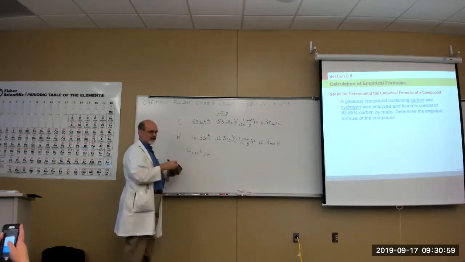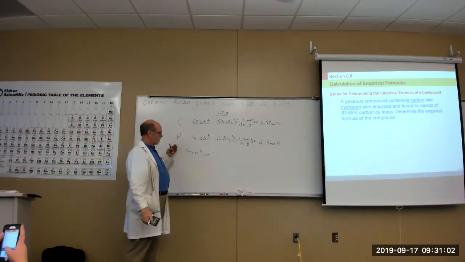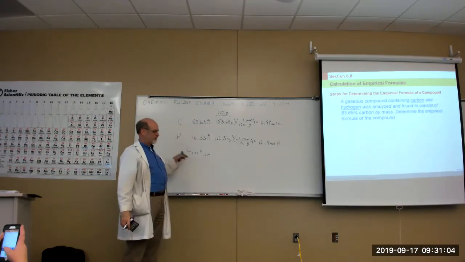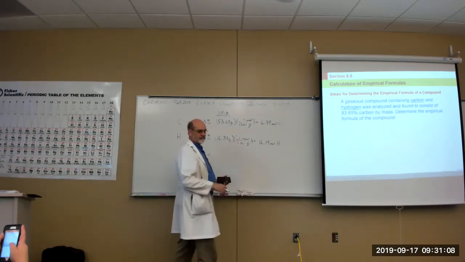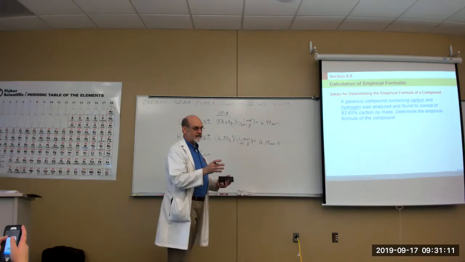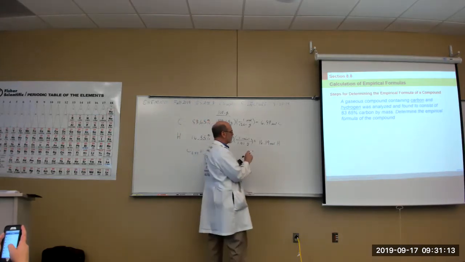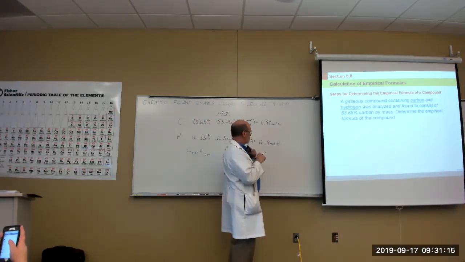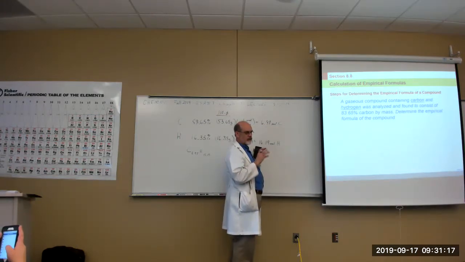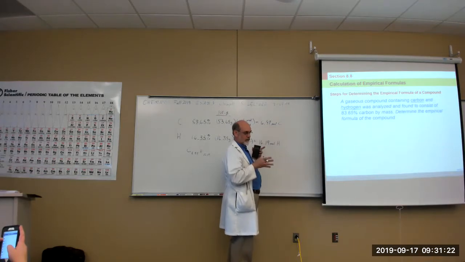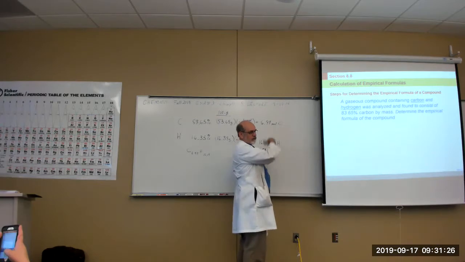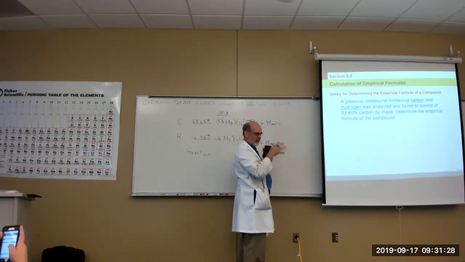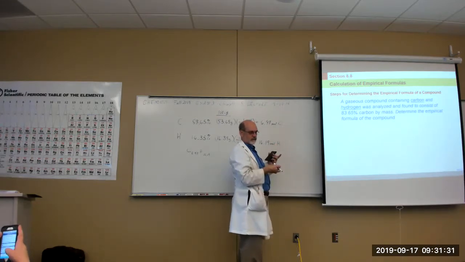We could, but it wouldn't make any sense because a formula needs to be whole numbers, right? So we need whole numbers down here. Do we round up? No, you don't round. In order to use these values, you need to keep the same ratio. So in mathematical terms, that means you can multiply both by the same number or divide by the same number, and you maintain the ratio, right?